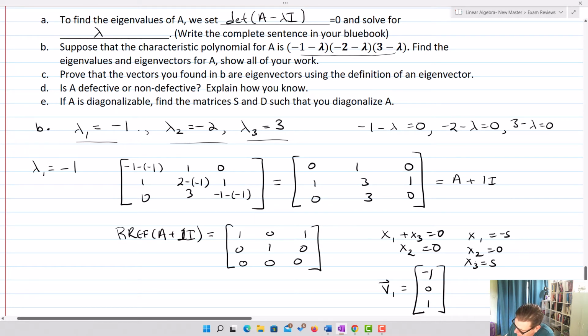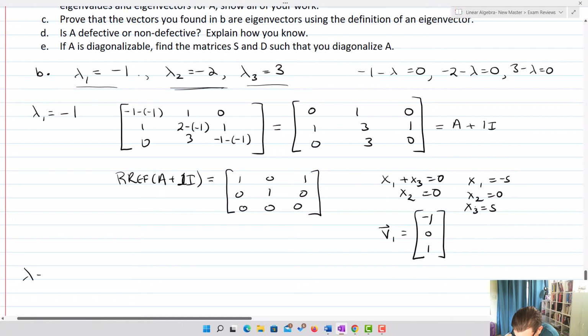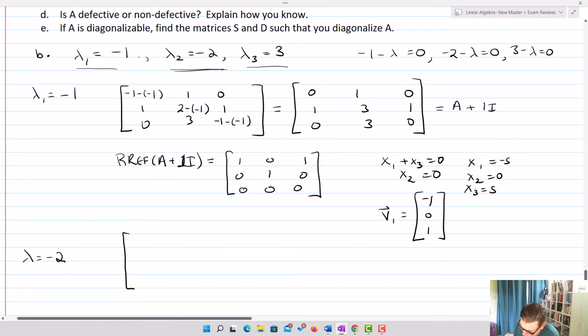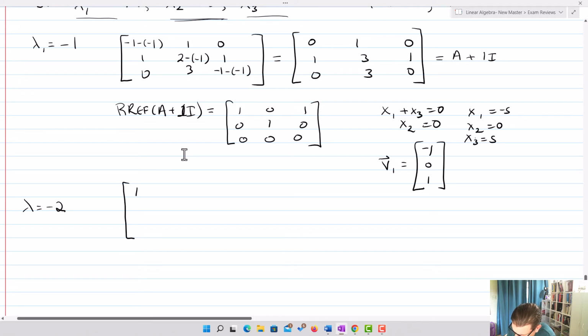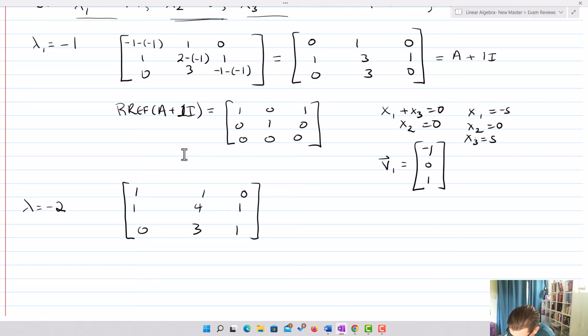Now I'm going to go to lambda equals negative 2 and do the same process. I'm going to subtract negative 2 from the diagonal. That gives me negative 1 minus negative 2, so positive 1, 1, 0, 1, 4, 1, and 0, 3, 1.